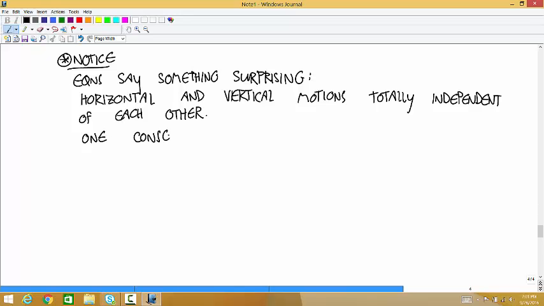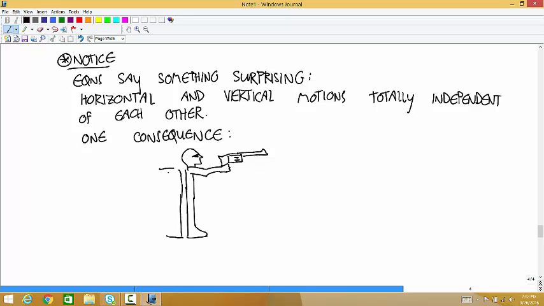One consequence is, imagine one person stands over here, fires a gun. I don't think guns really look like that anymore, but, 6-shooter. And someone else stands over here.